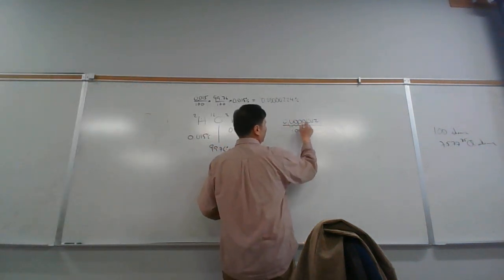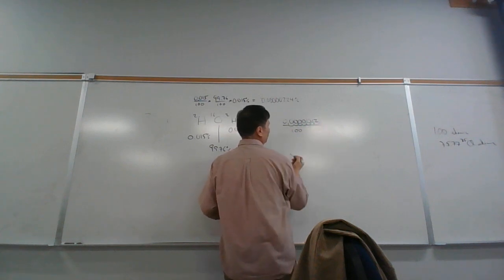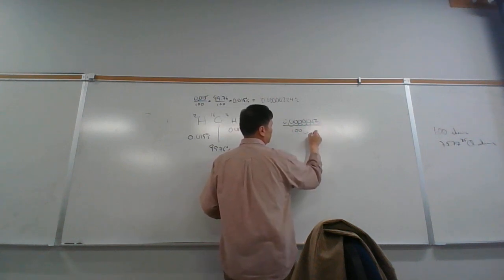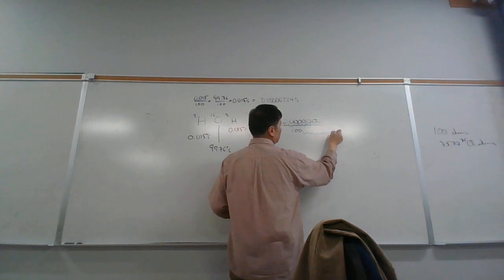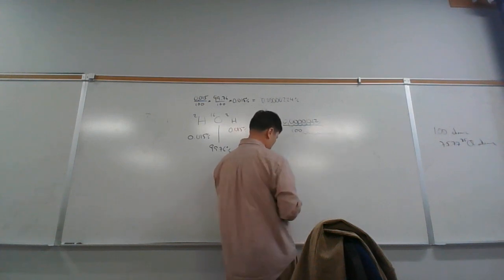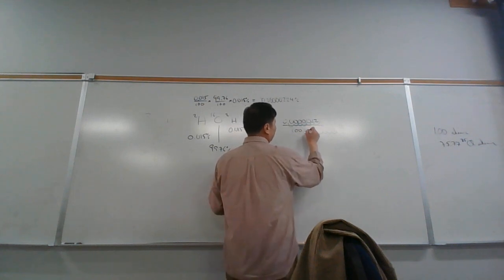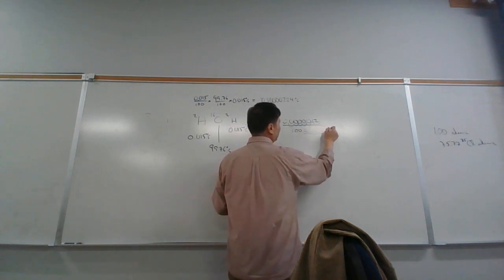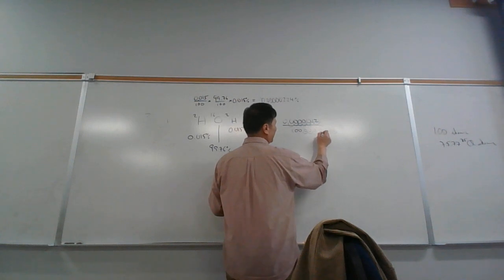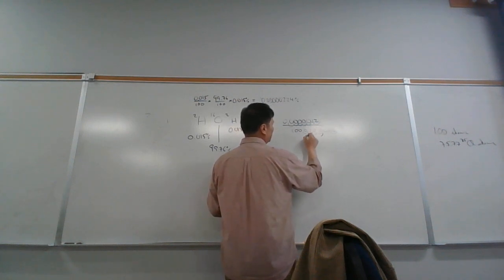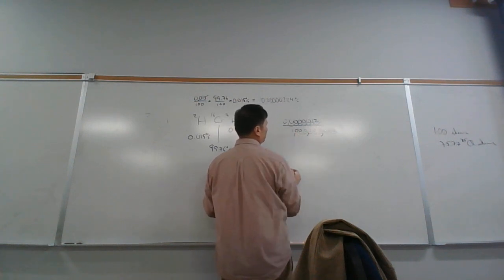One, two, three, 4, 5, 6, 7. We'll do the same thing here. 1, 2, 3, 4, 5, 6, 7. Then add the zeros. 1, 2, 3, 4, 5, 6, 7. And then figure out what that is. 1,000, million, billion.